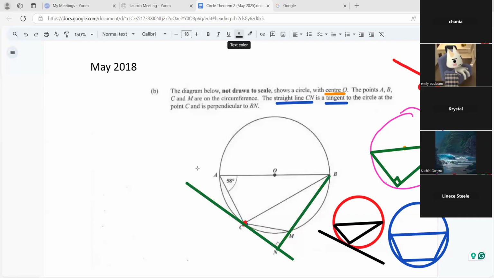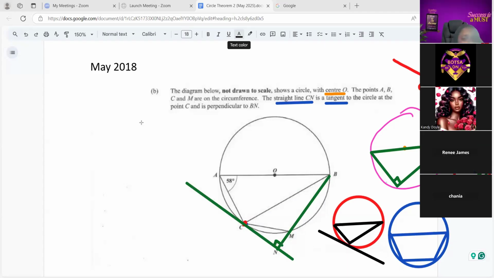That's why they give us some 90 degrees. So sometimes in maths, you want to break down the question, see how many rules you can identify in circle theorem, so that the question would become easier to some extent for you to answer it.